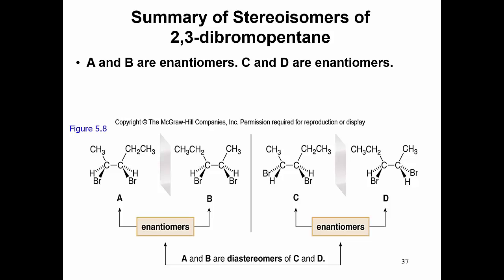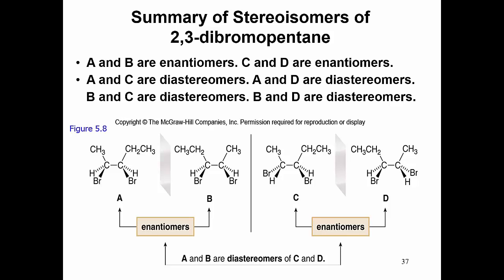A is a diastereomer of C and D, and B is a diastereomer of C and D, because they're non-mirror images. So just know the difference between an enantiomer and a diastereomer. They have to do with mirrors.